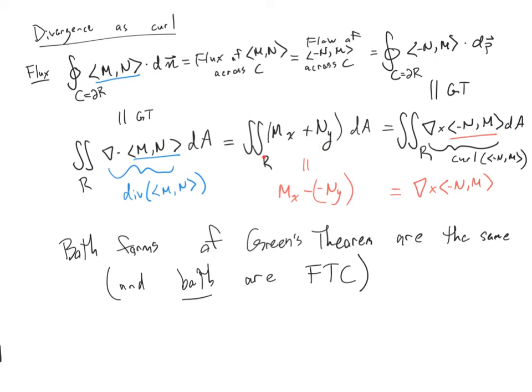This could just be some function, dA, right? And either turning it into a flow integral that's one degree lower, so that's a one-dimensional integral of flow, or turning it into a one-dimensional flux integral.